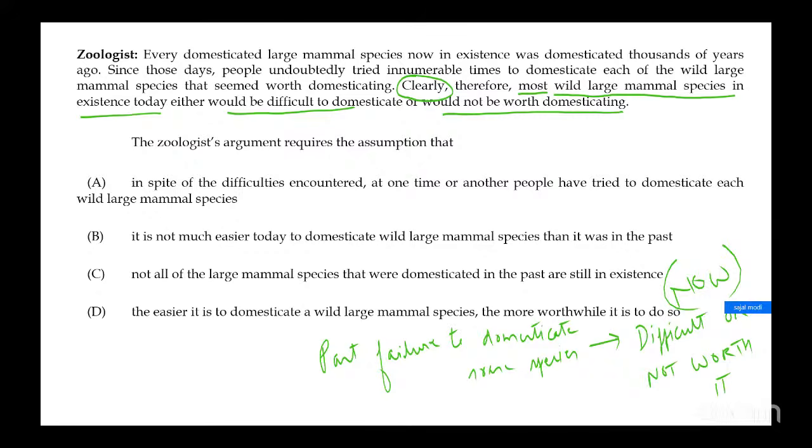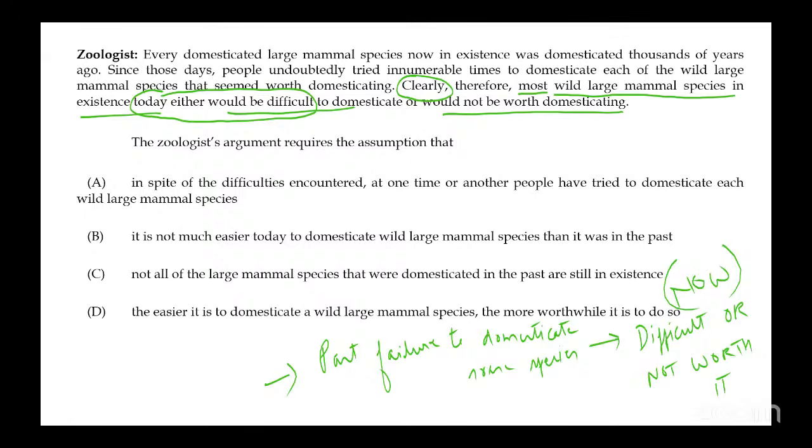Just look at this. So today, the species either would be difficult to domesticate or not worth it, because in the past, despite trying it innumerable times, the conclusion is this is difficult. These species are difficult or not worth it currently, right?